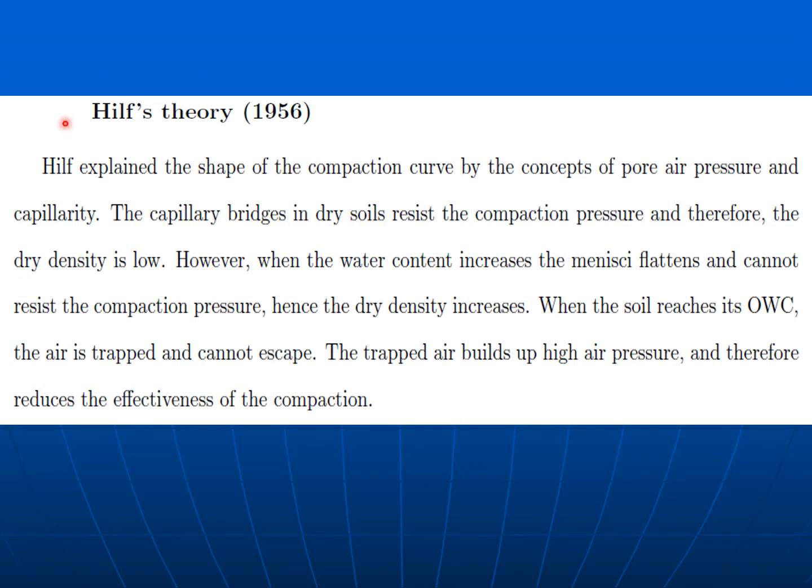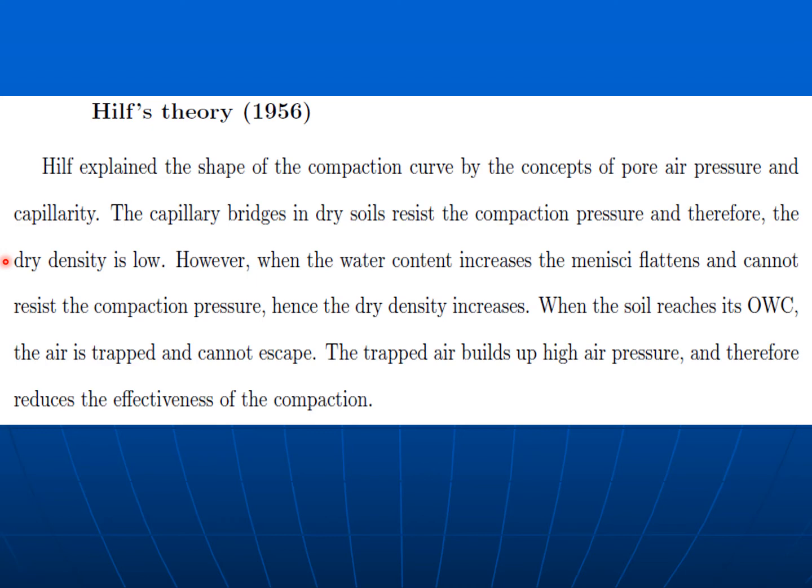Then comes Help's theory in 1956. Help explained the shape of the compaction curve by concepts of pore air pressure and capillarity. The capillary bridges in dry soils resist the compaction pressure and therefore the dry density is low.